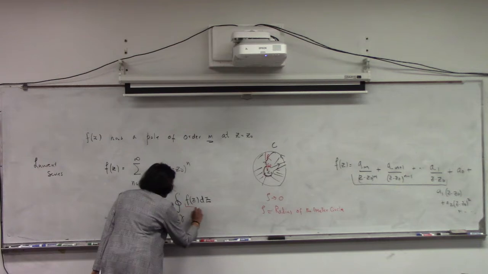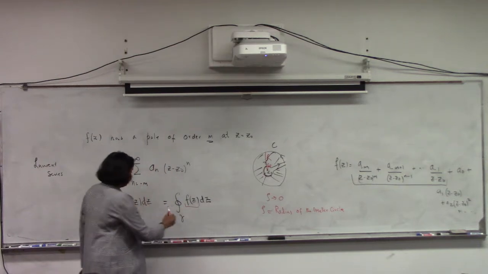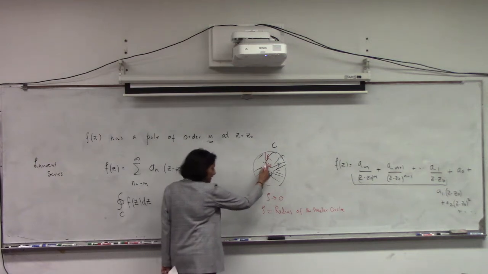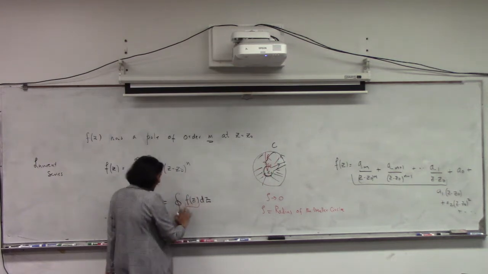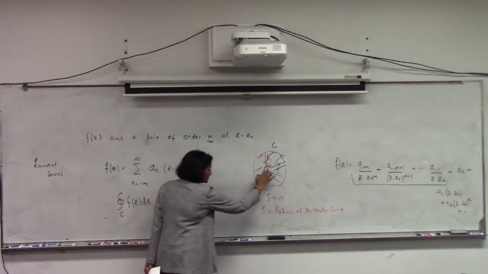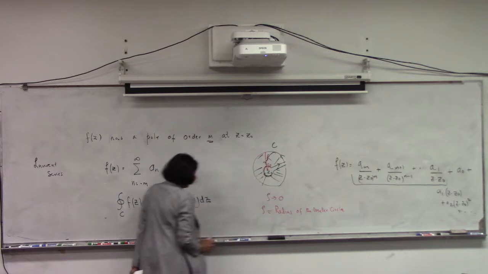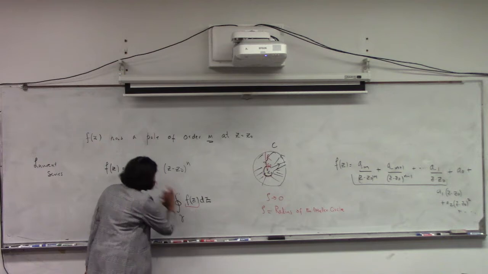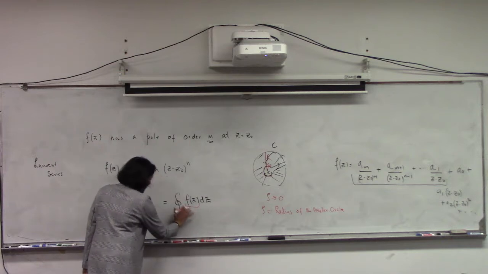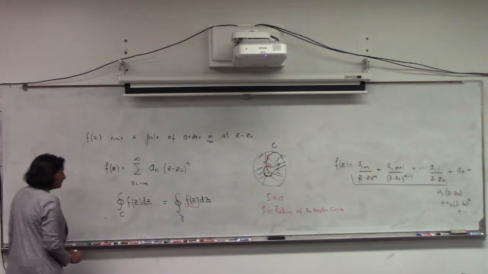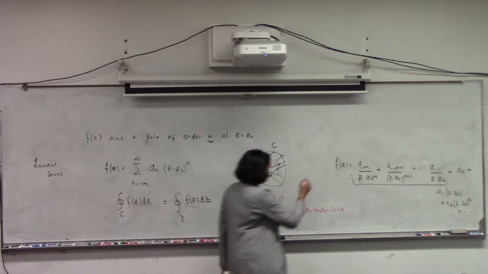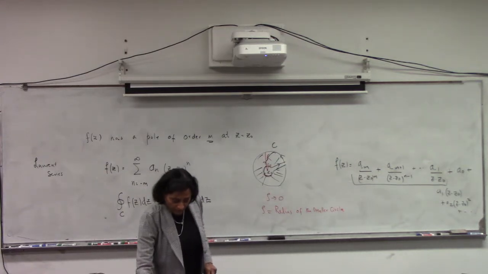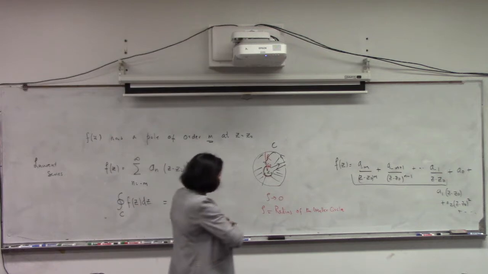Now for f of z, because at z naught it is blowing up, for the expansion of the function f of z around z naught, I can give a Laurent series expansion. So let me substitute for f of z what I have written here. What we're trying to say is, can I come up with an expression for the contour integral of f of z dz on the bigger circle?